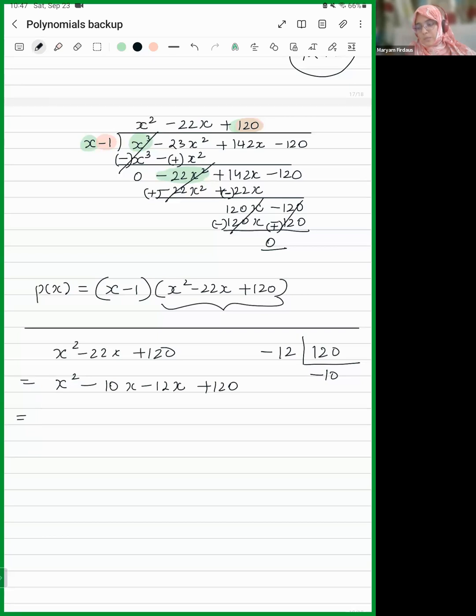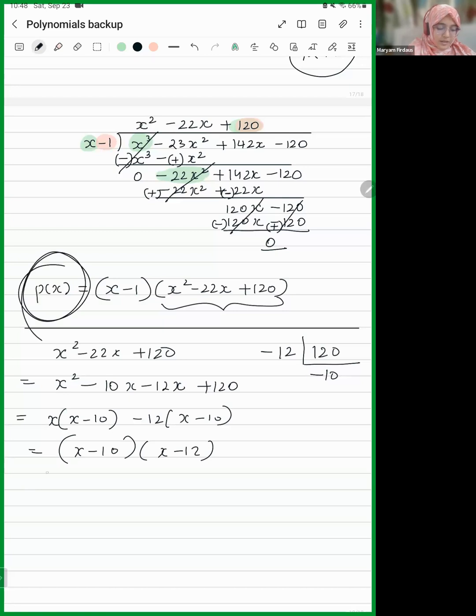Then we take x as common: x minus 10, then minus 12 in the bracket x minus 10. So x minus 12 and x minus 10. So basically, your p of x can be written as x minus 1 multiplied by x minus 10 multiplied by x minus 12.